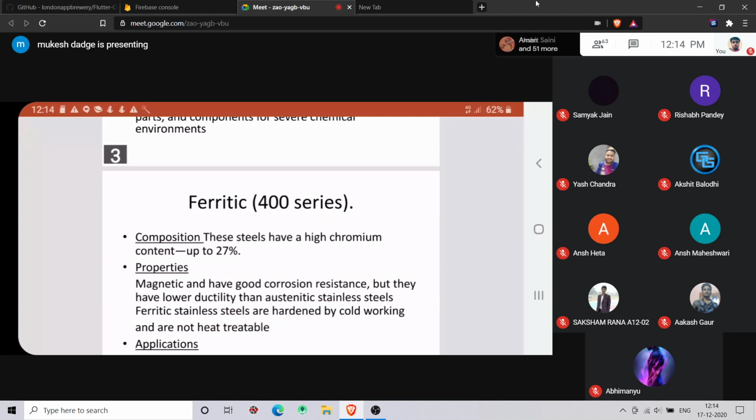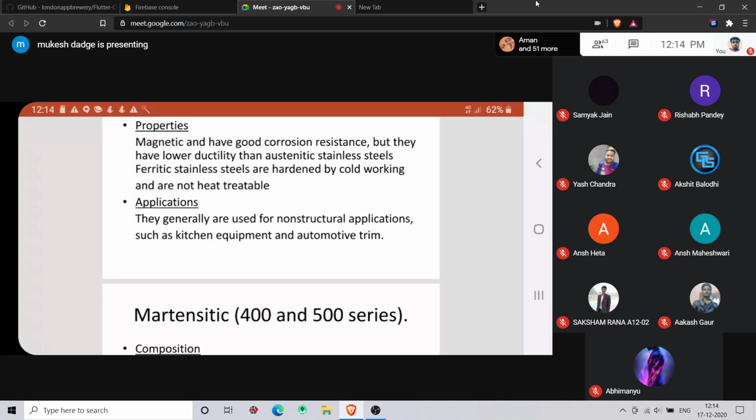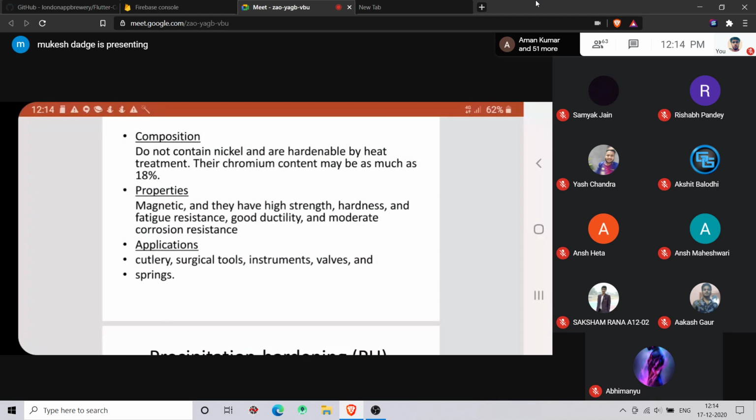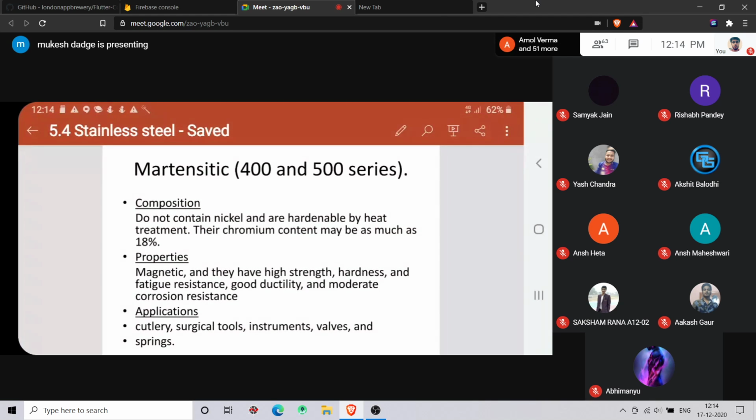Right? Then you have to change the chemistry in the stainless steel. Generally your thin sheets, right, they crack.